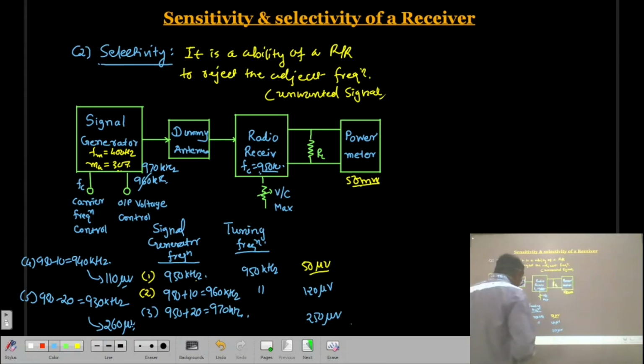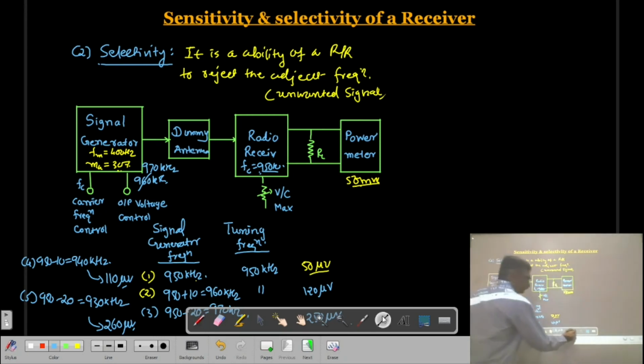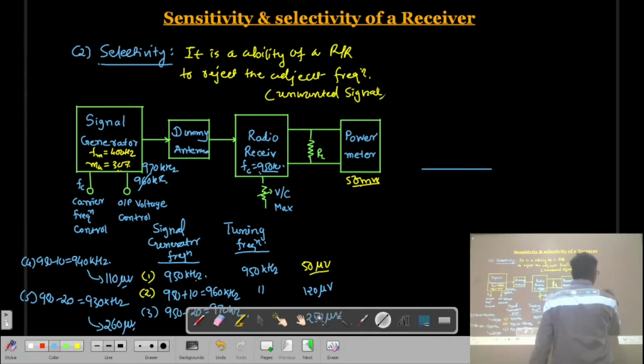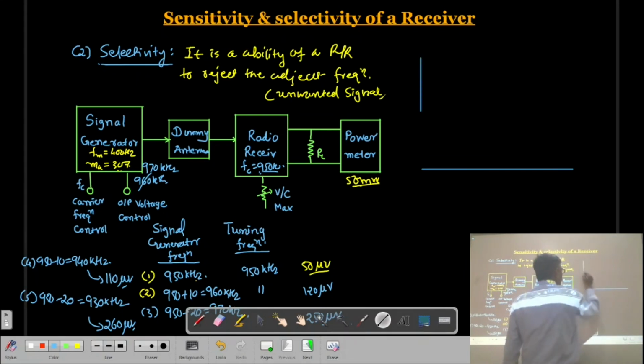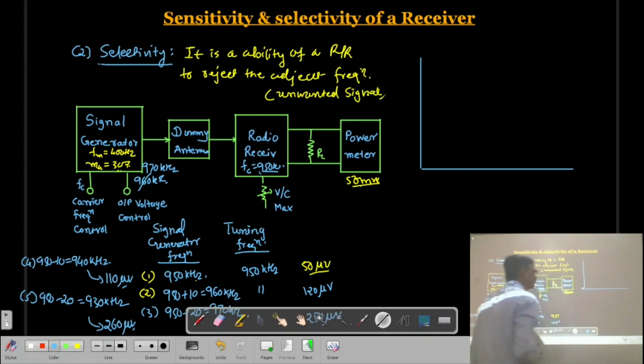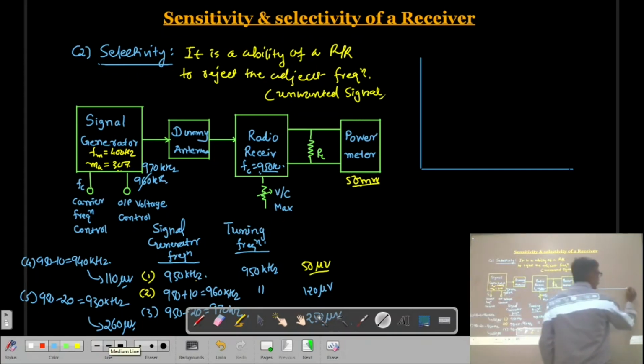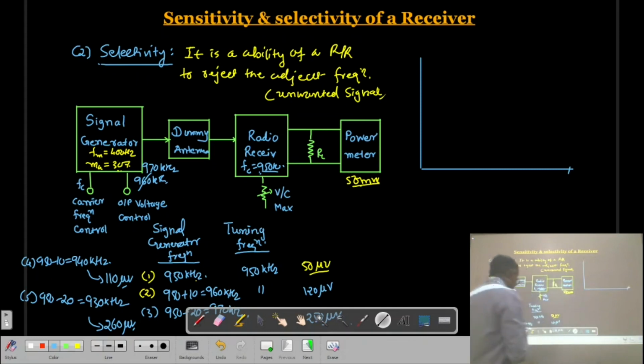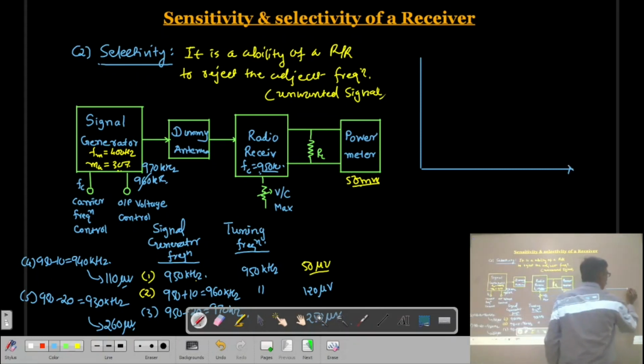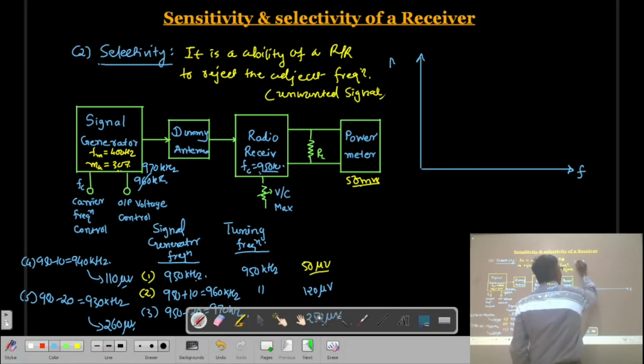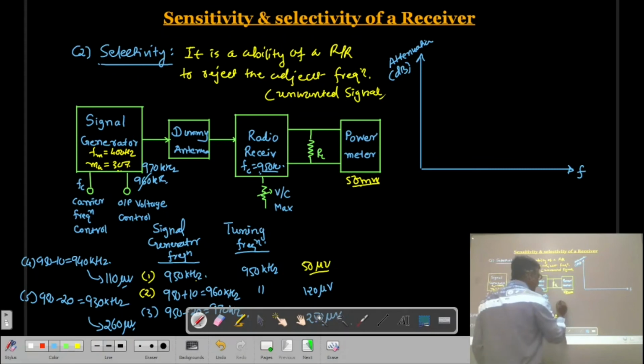And if we plot this curve, on the x-axis we have frequency f, and on the y-axis you can have attenuation, and that will be in dB. How can you calculate the attenuation?